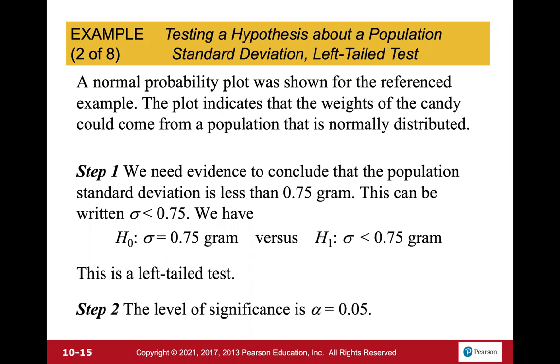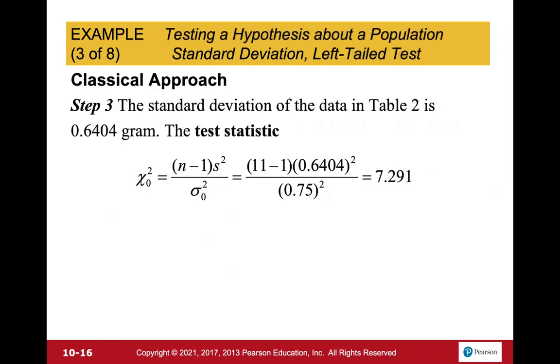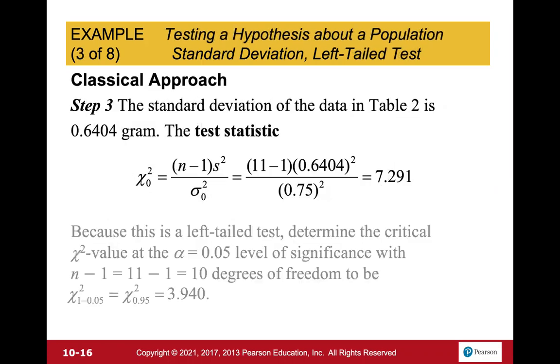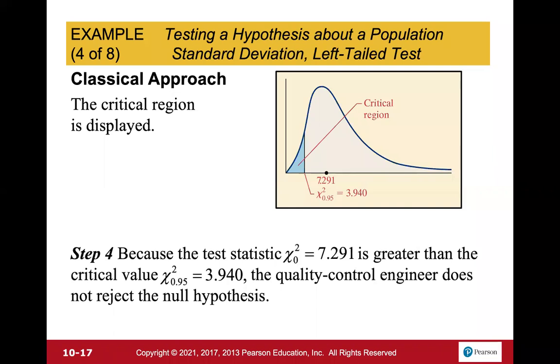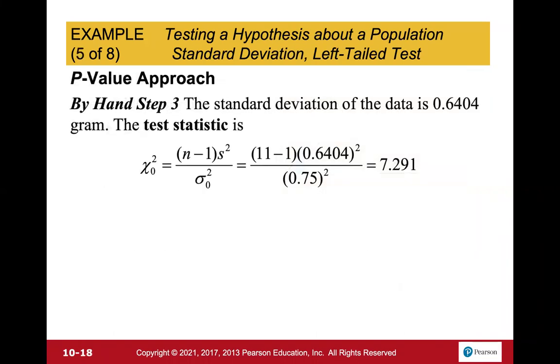And they gave us the level of significance of 0.05. Classical approach, we find our test statistic and compare it to our critical value. Here it did not fall within our critical region, it fell outside of the critical region. So we do not have sufficient evidence to reject the null hypothesis, which is what we stated there.